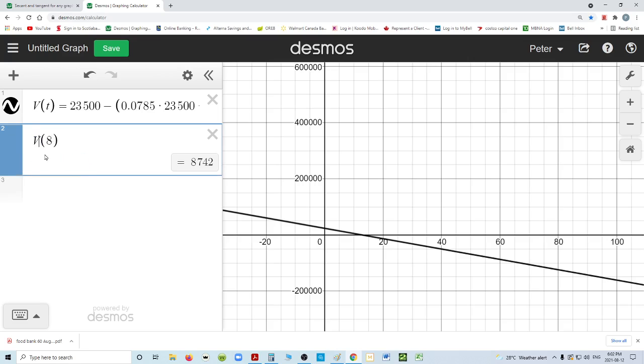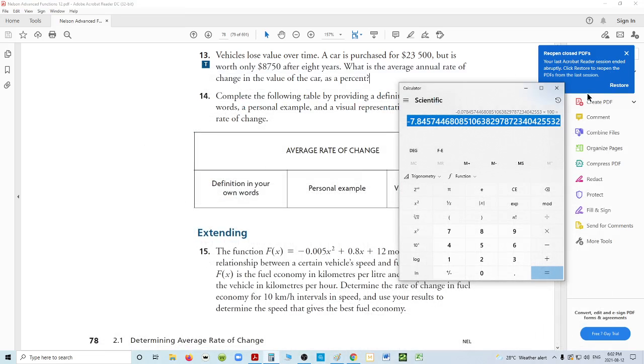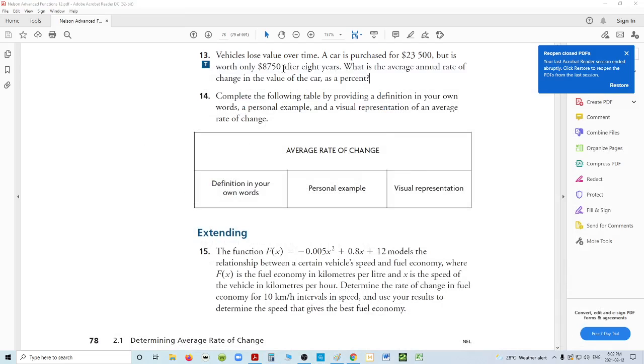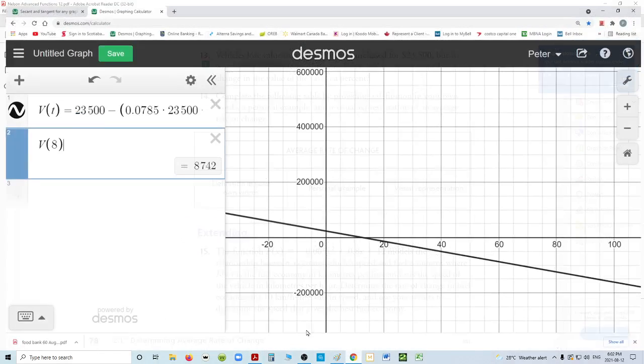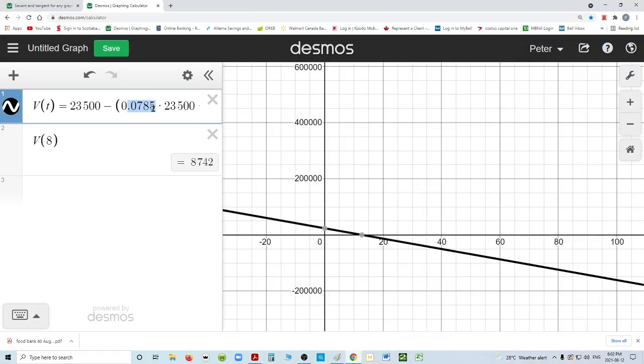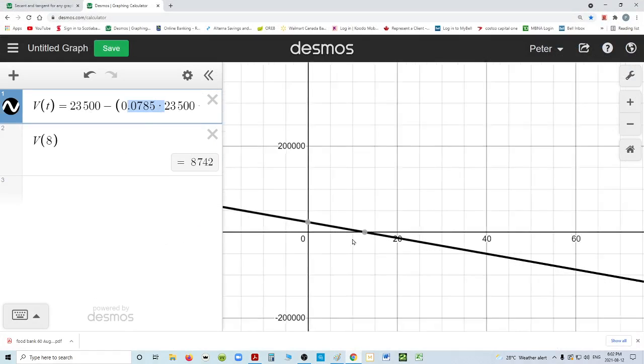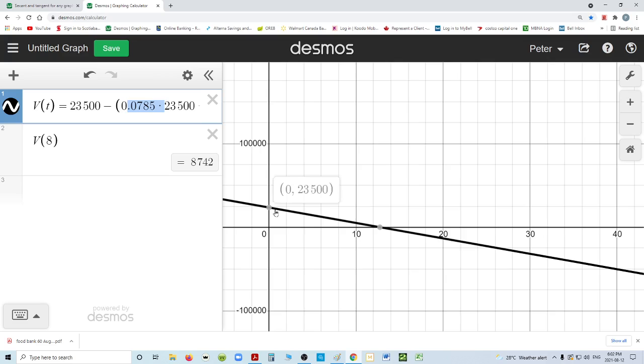Now let's see if V of 8 gives us the value they gave us. 87.42. Is that what the car depreciated to? Close, 87.50. It's because I rounded the percentage. If I wanted more accuracy, I would have left all those decimals in my percentage. But this is essentially a steady decrease in the value of the car, and you can find the years.